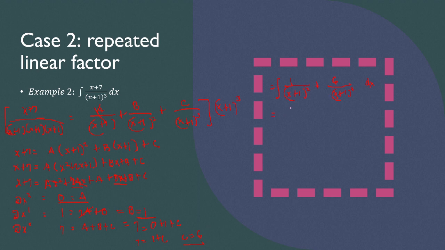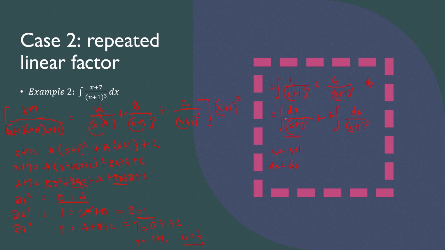So that is dx over x plus 1 squared plus 6 dx over x plus 1 cubed. For this, you can let u equal x plus 1, so du is dx.